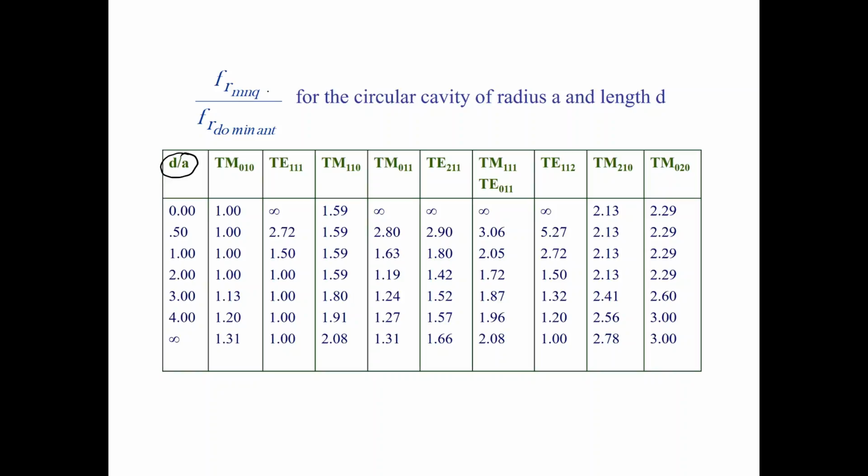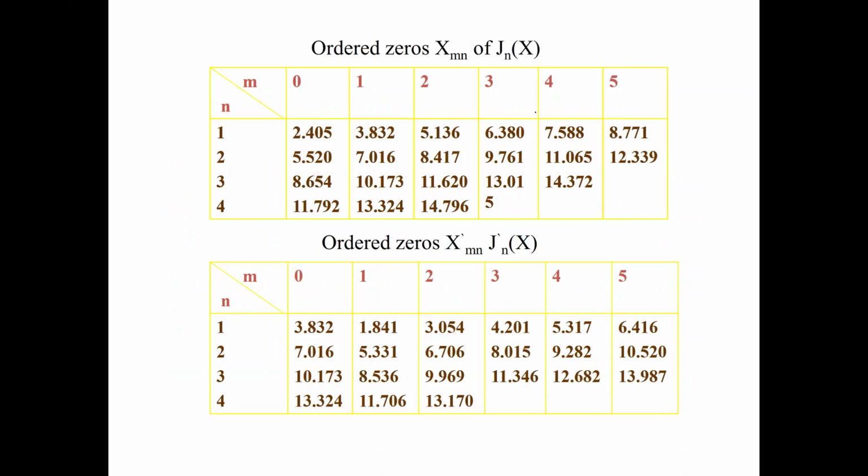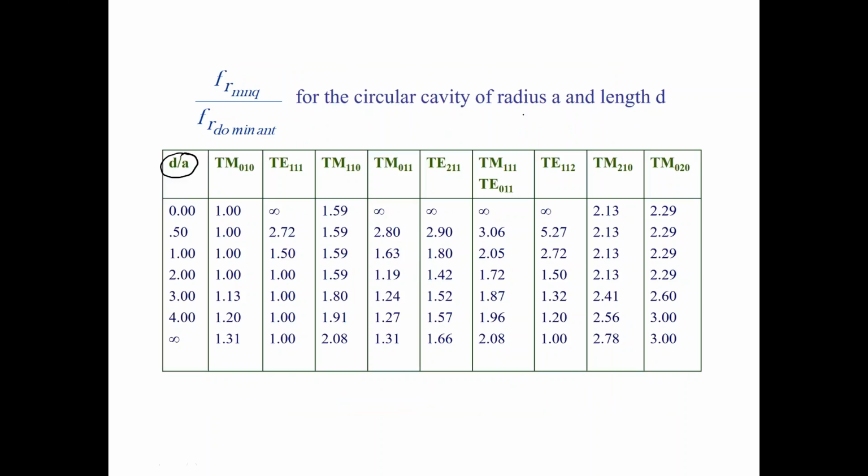It's looking at a cavity of radius a and length d for different ratios of d and a. So depending upon different ratios of d and a, where would the terms lie? And what it's basically saying is, I'd look at the minimum resonance frequency fr.